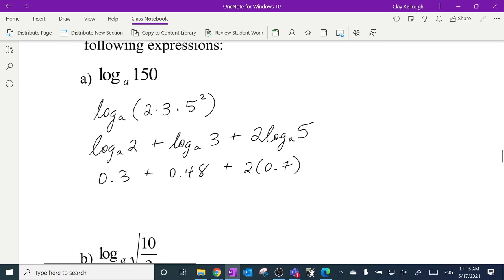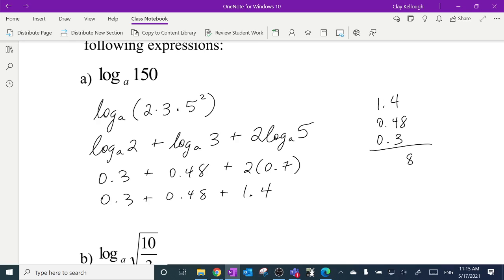And I can just say then that that's 0.3 plus 0.48 plus 1.4. So I could just maybe do that in a column, 1.4, 0.48, and 0.3. So the 8 by itself, 4 and 4 is 8, and 3 is 1, carry the 1. 2.18 is my final answer. And notice there's no calculator to do that one because I don't even know what the base of a is.